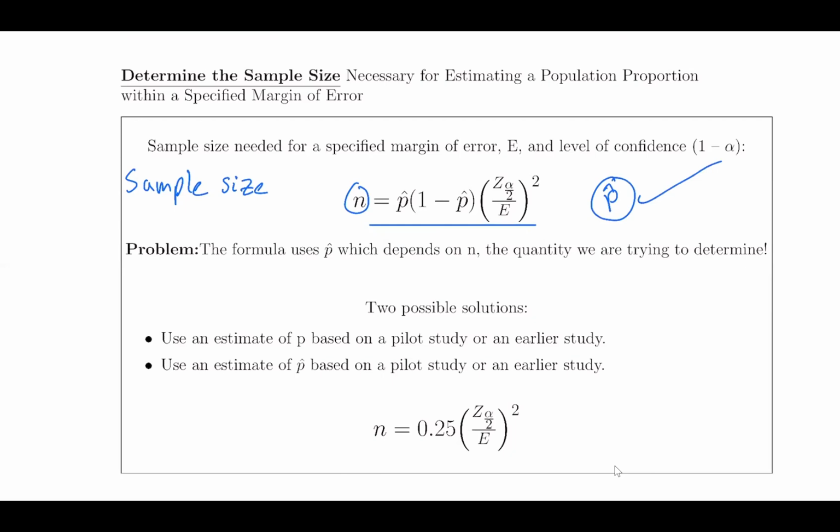If you don't know what p hat is equal to, that's when you use the second formula. Any questions so far on when to use the first formula versus the second?